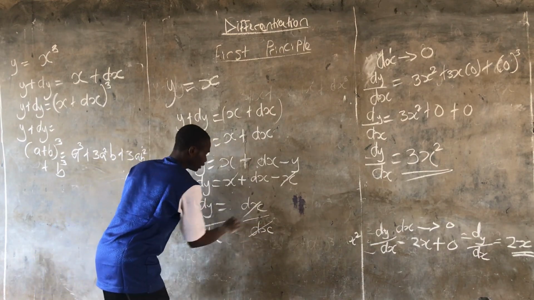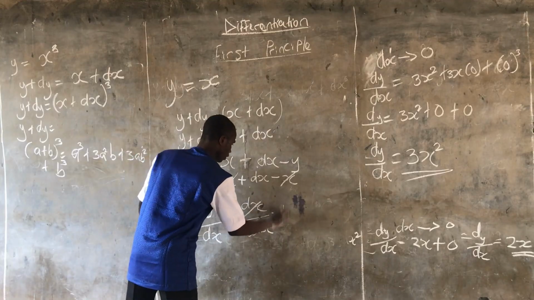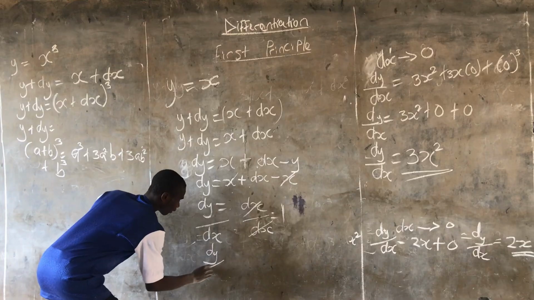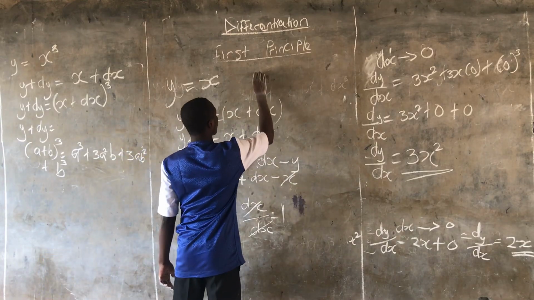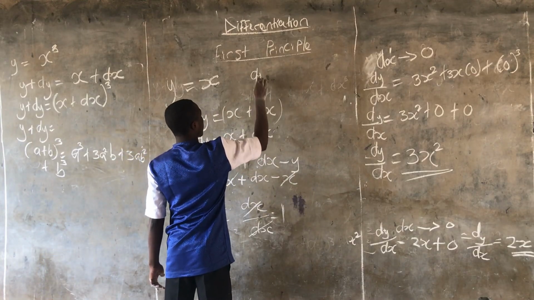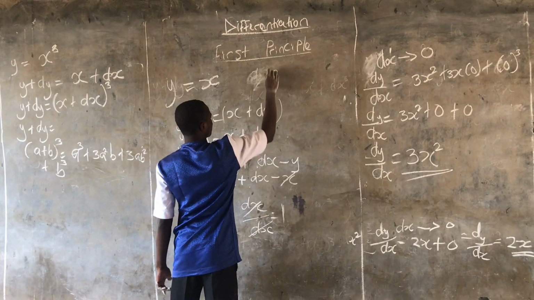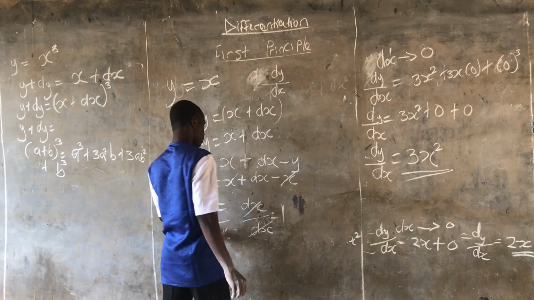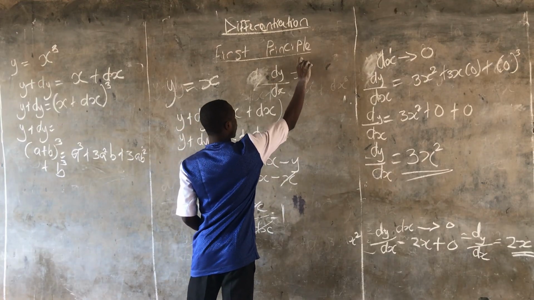So this cancels and will give us 1. So we can say our dy over dx is equal to 1.